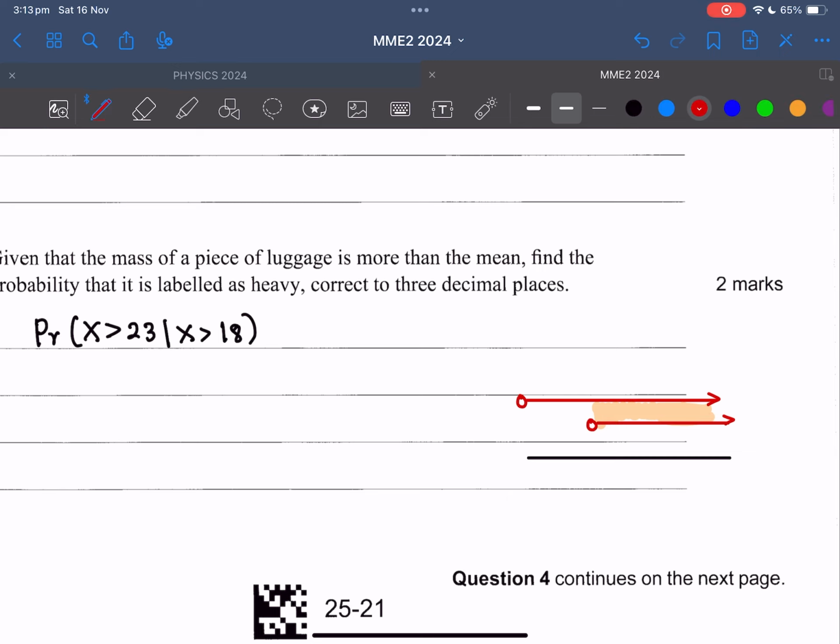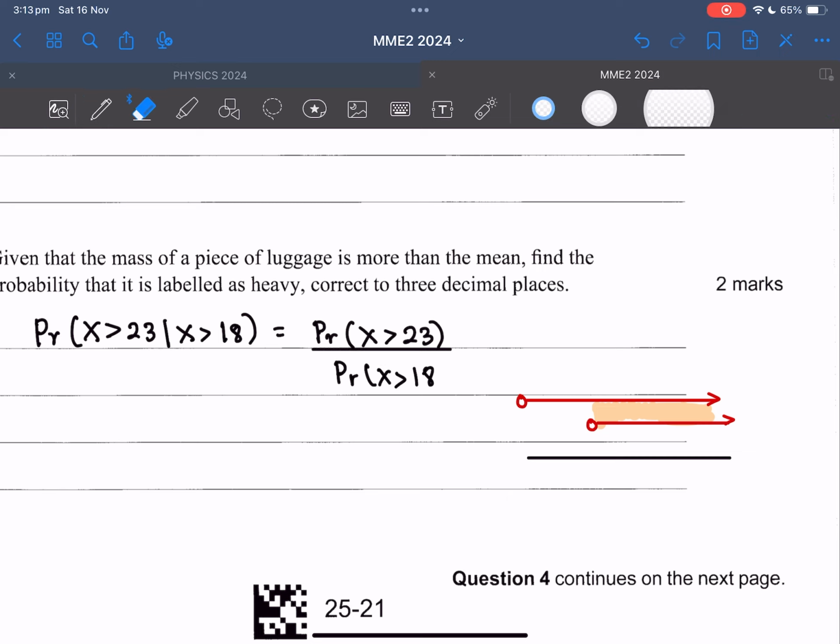So we are basically finding the probability that x is greater than 23 divided by the probability that x is greater than 18. Okay, that's what we are finding essentially.